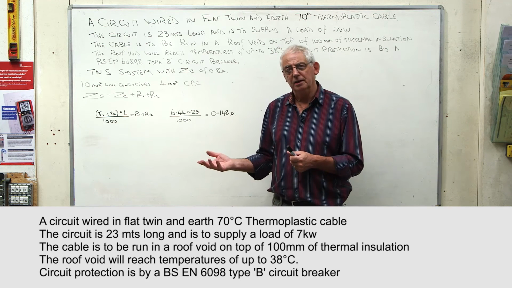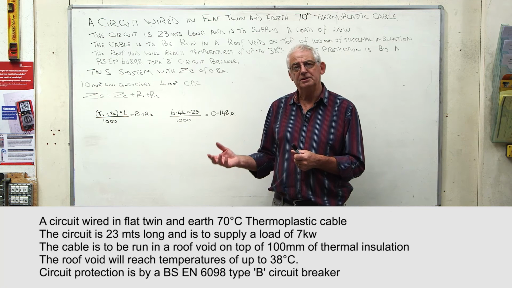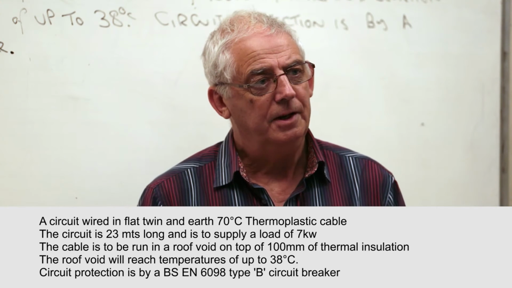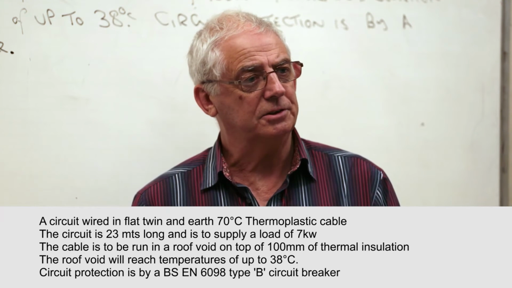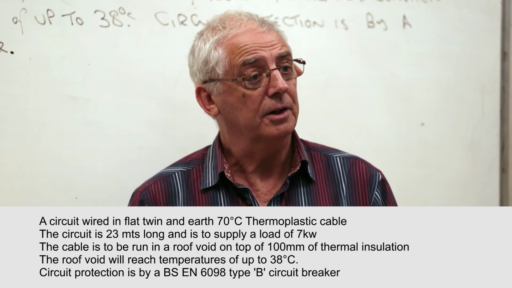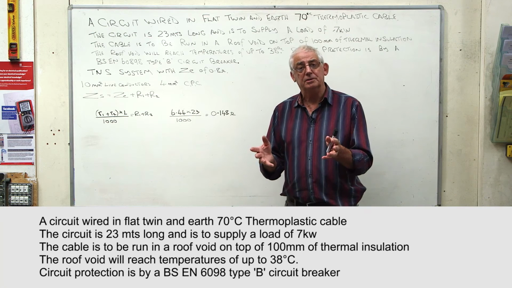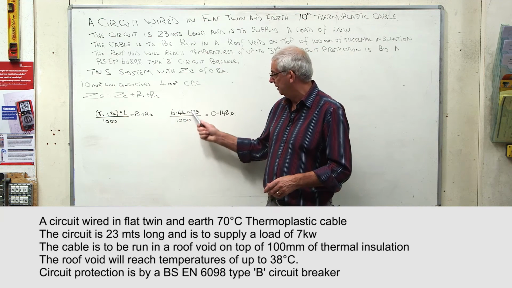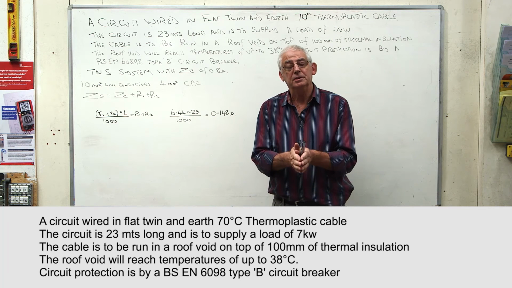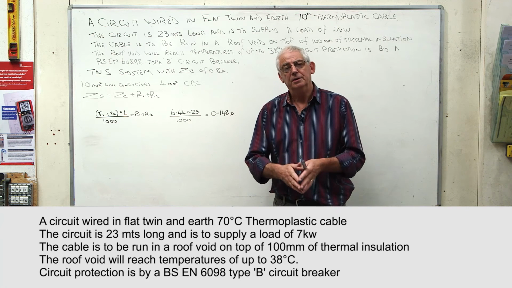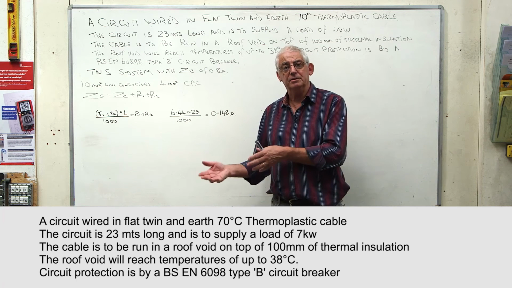Now, the next step really is for us to calculate for temperature. As we've seen earlier, our cable can operate at 70 degrees. If we look at table L1, we can see that the resistances of our cables are made and measured at 20 degrees. So this value would be the resistance of our cable per metre when it was at 20 degrees. We know that it could possibly get to 70 degrees.